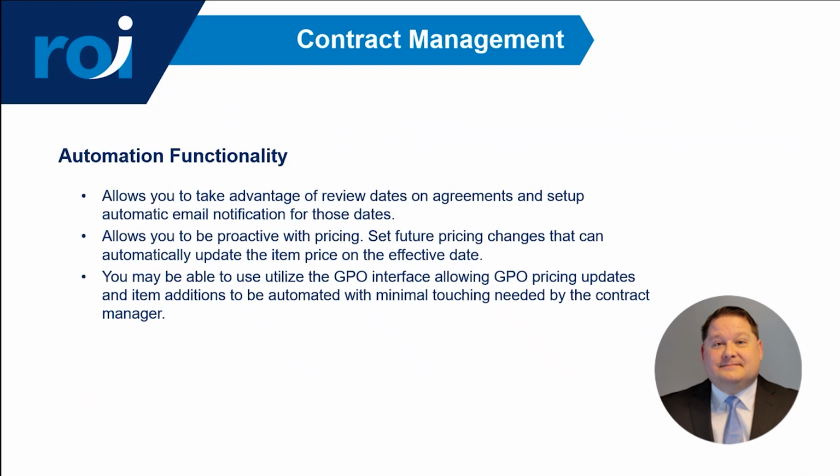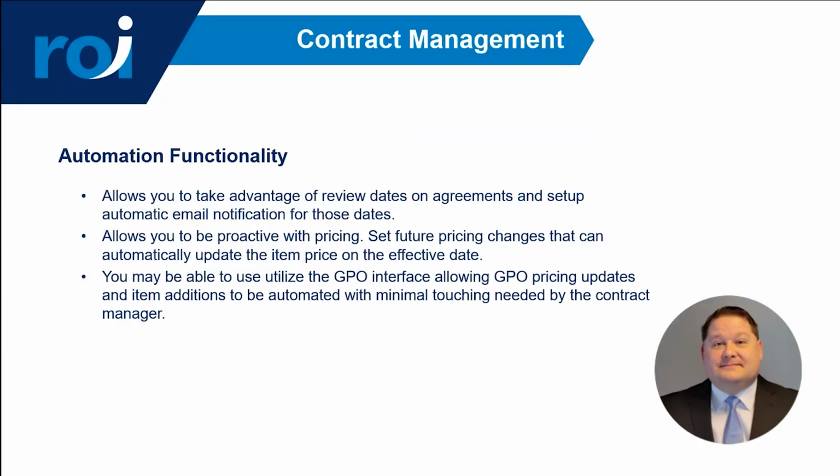Depending on your GPO and who you have, that functionality may be available to do those interfaces. And then really all you're looking at is anything that's changed. So if all the prices have stayed the same, you're just looking at anything that's different.